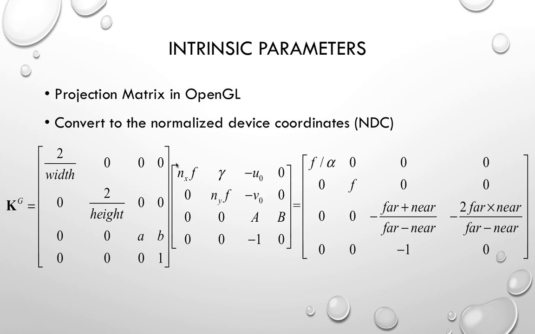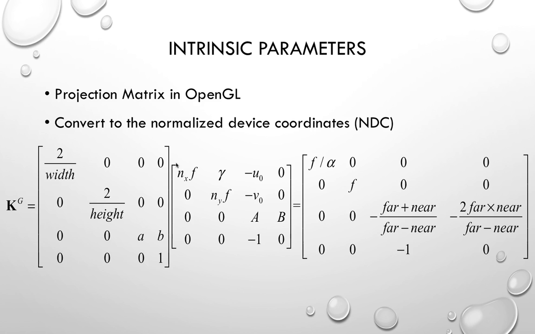Since we need to implement the systems using smartphones, we need to convert the intrinsic parameters within the OpenGL framework. Within the OpenGL framework, we need to slightly change our K matrix.